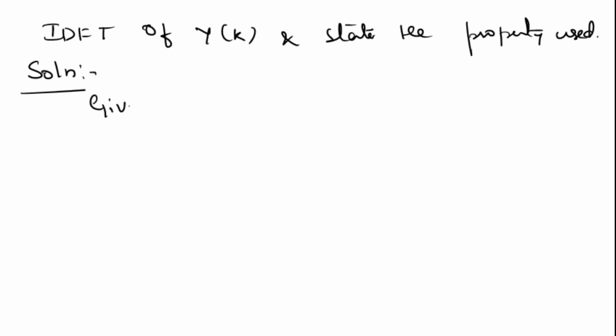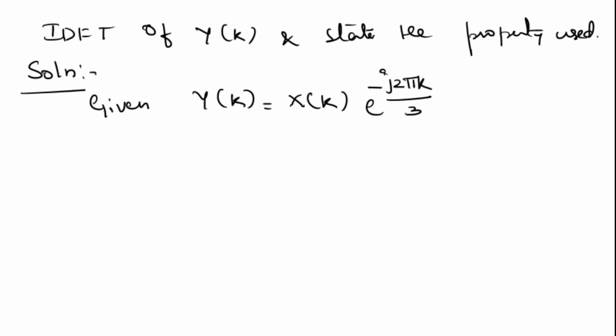It is given y of k is equal to x of k into e power minus j 2 pi k by 3, or I can write it as x of k into e power minus j 2 pi k into 2 divided by 6, multiplying and dividing by 2.